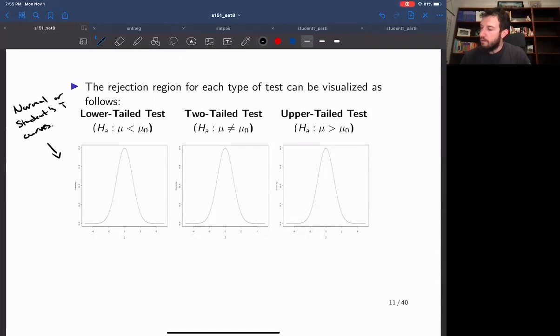Okay, so for the lower tail test, the reason it's called a lower tail test is because the critical value bounds the rejection region, which is in the lower tail. So when we have a less than sign in the alternative, that means that our critical value, which is going to basically just be a boundary between the rejection region and the non-rejection region, is a value that sits along the horizontal axis.